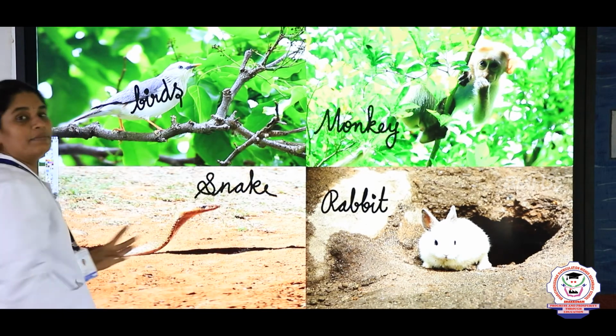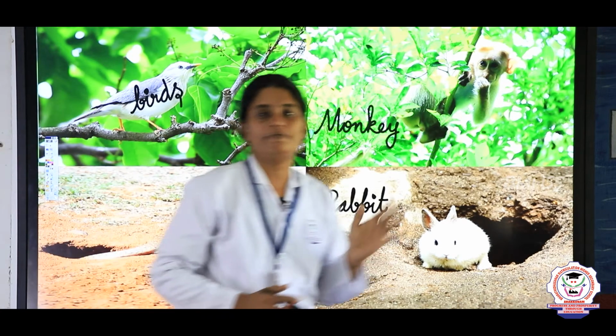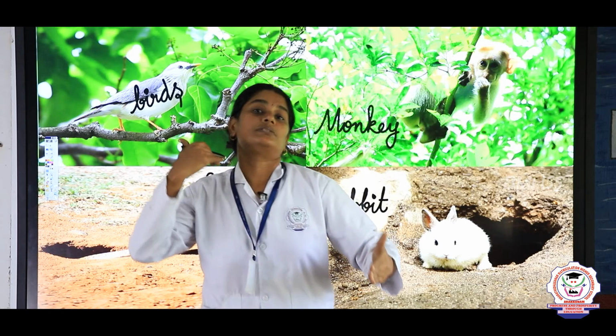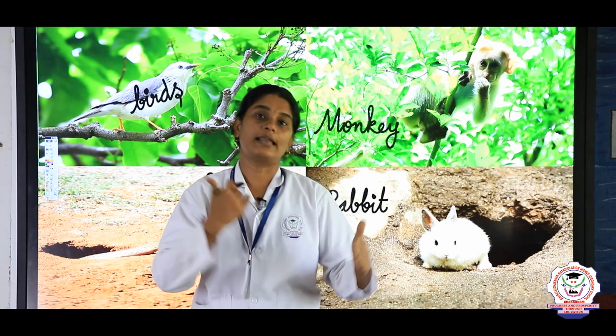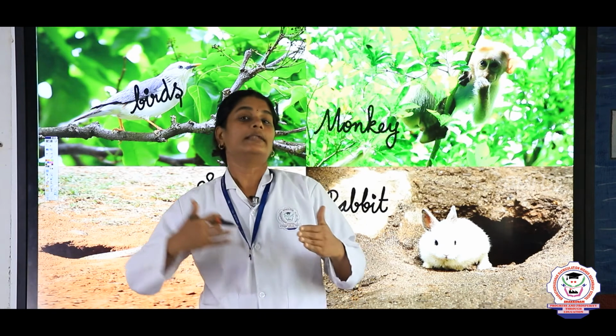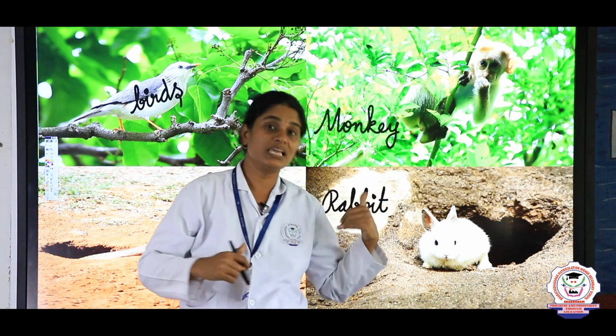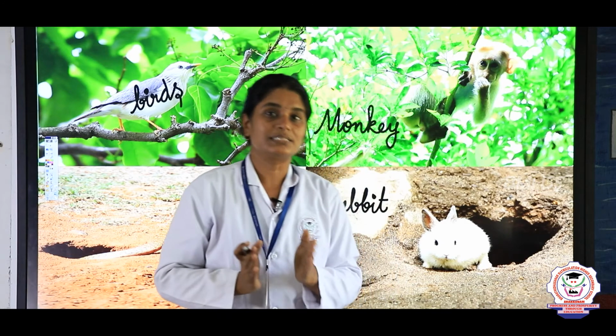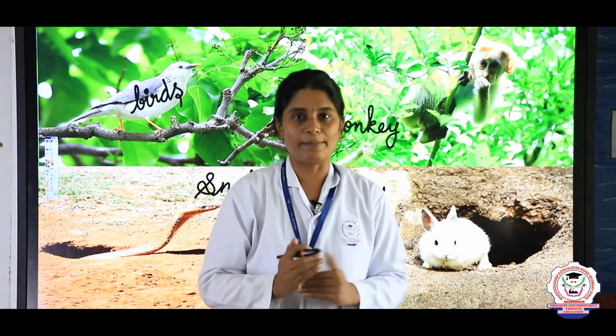So these are the animals that live in the forest. In the forest, what animals did we see? We saw zebra, giraffe, lion, bat living inside the caves, right? And then birds, monkey, snake, rabbit, right? So these are the animals that have forest as a habitat.